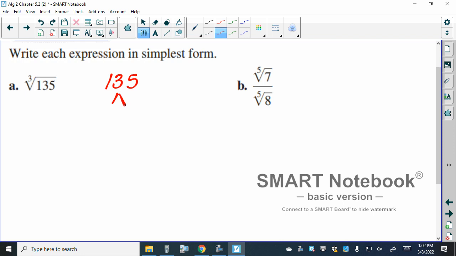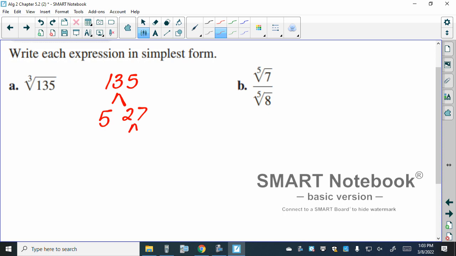So what is one number we know will divide into 135? 1 will work, but also 5. We know 5 would work because any number ending in 0 or 5 will be divisible by 5. So we can say 5 and 27.